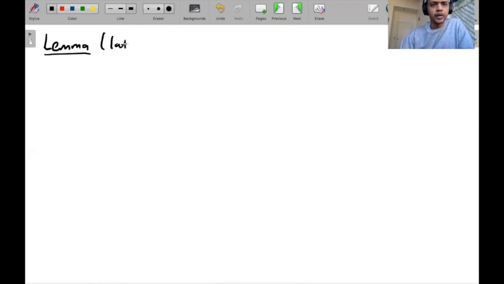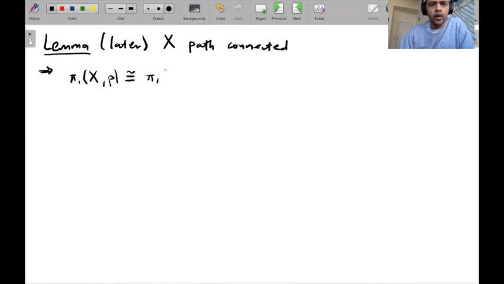We'll prove this later: if X is path connected, then the fundamental group of X based at P is isomorphic to the fundamental group of X based at Q for every pair of points P and Q in X. Let me draw a picture to explain why you should believe this. First a remark.